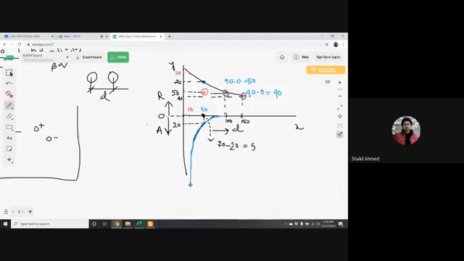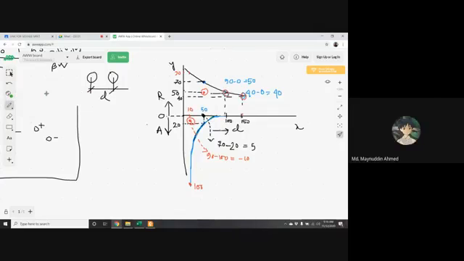It's maybe around 100. So it will be 90 minus 100, and you can see this is negative 10. Negative means attraction. So at this point, it's negative 10. Am I right?